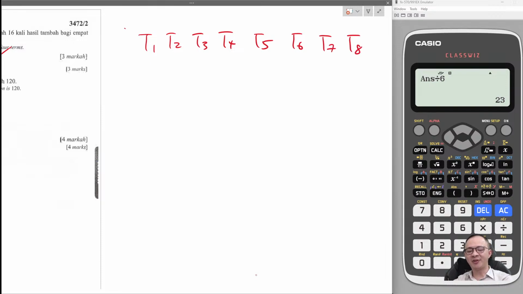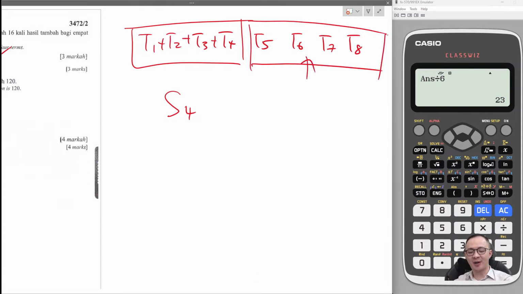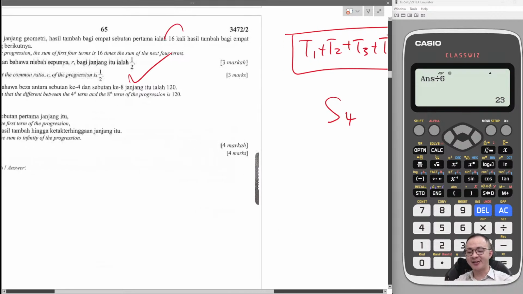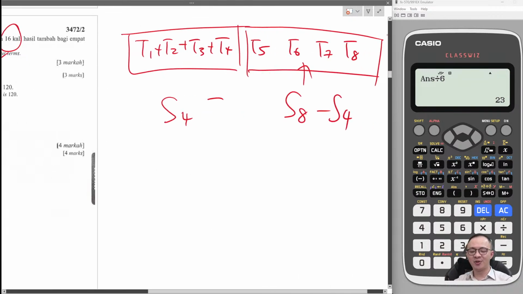The sum of the first 4 terms is S4, because you add all of them. The sum of the next 4 terms is S8 minus S4, because then I only add 5, 6, 7 and 8. And the question tells you how many times? It's 16 times.